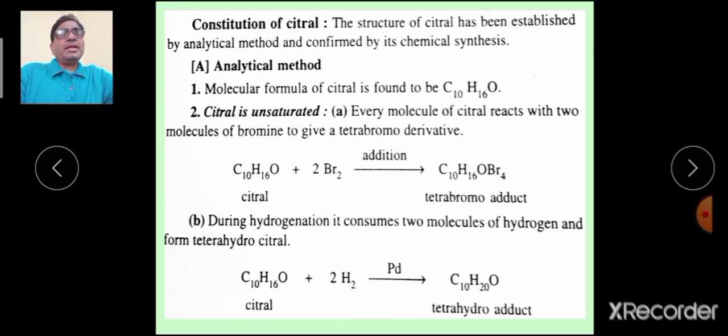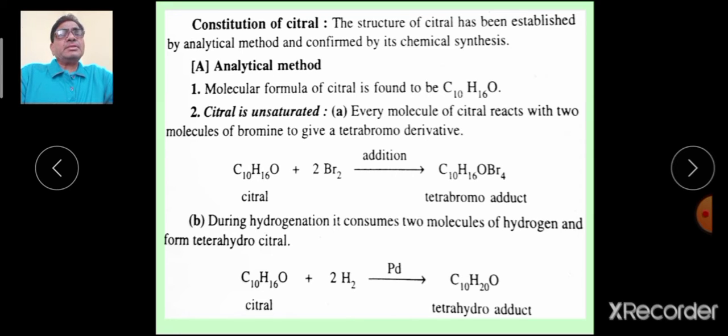The analytical method consists of these steps. First, the molecular formula is determined, and the molecular formula of citral is found to be C10H16O: 10 carbon atoms, 16 hydrogen and 1 oxygen atom. As I told you, it is an aldehyde, so 1 oxygen atom is there.